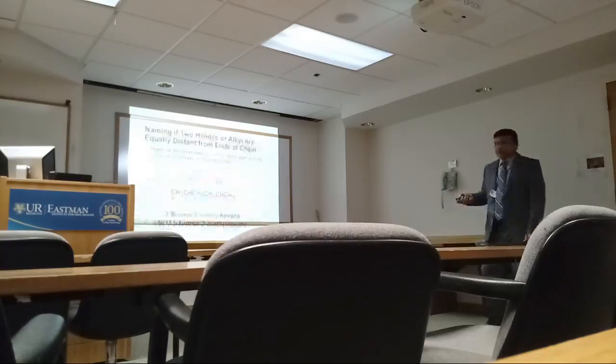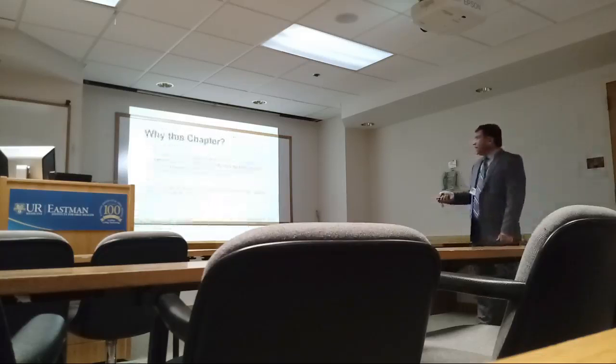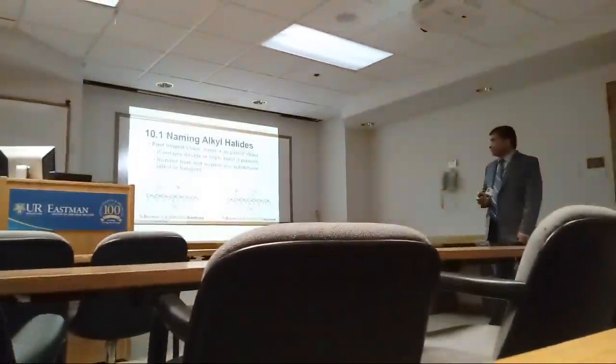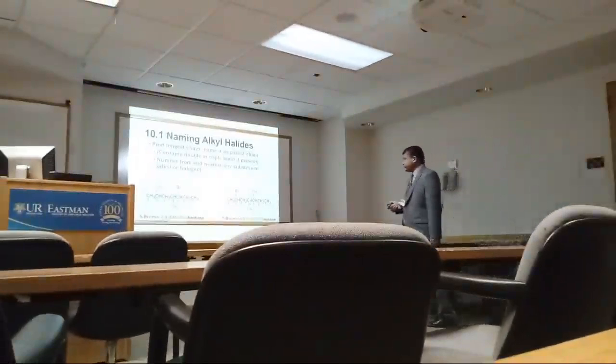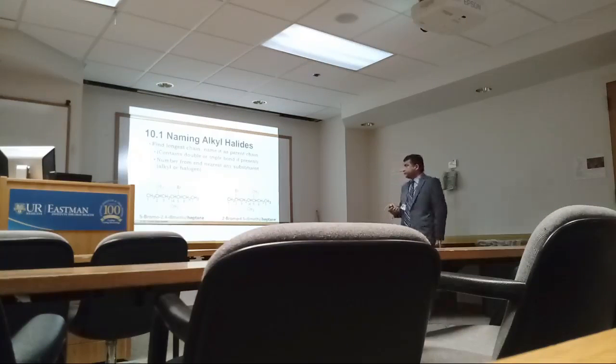Can you go back to that slide? Yep. So what determines it there is the alphabetical order. Why don't I go 1, 2, 3? On the 3rd carbon, I have a bromo. Why don't I name it from there if it's alphabetical?